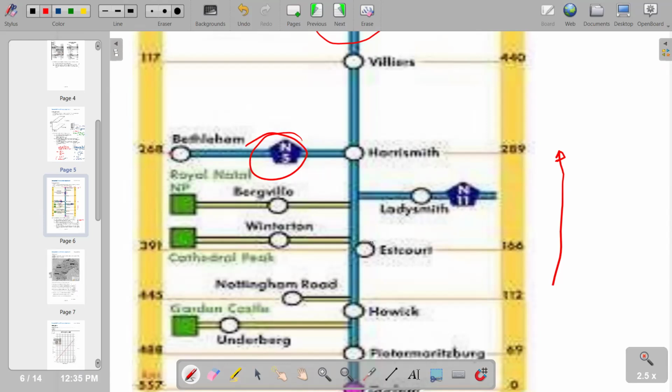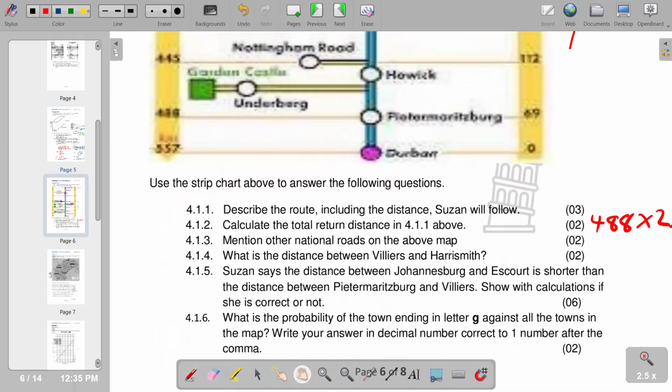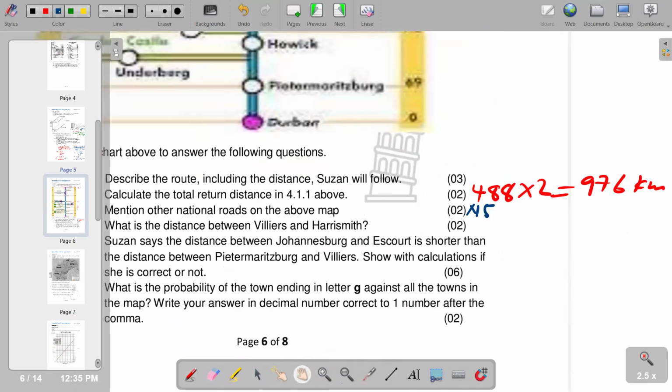And then, of course, we check again. We have N11 on this part. So these are the other two roads that we have, N5 and N11.